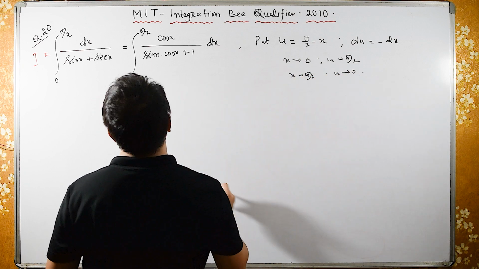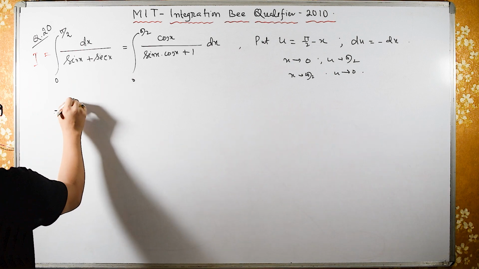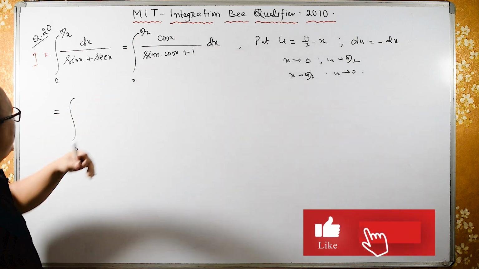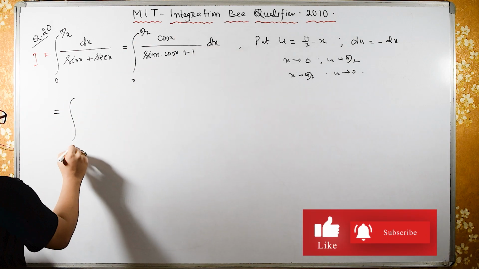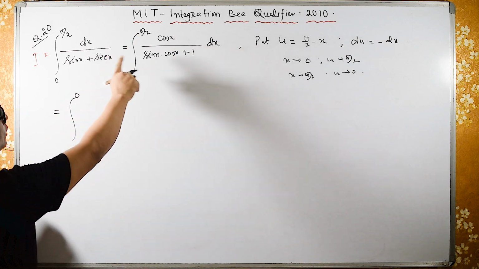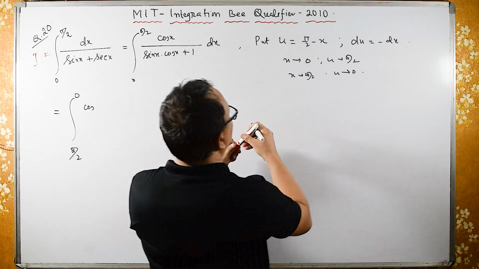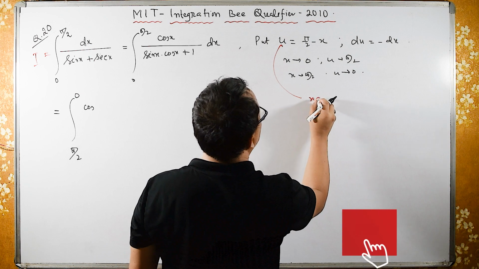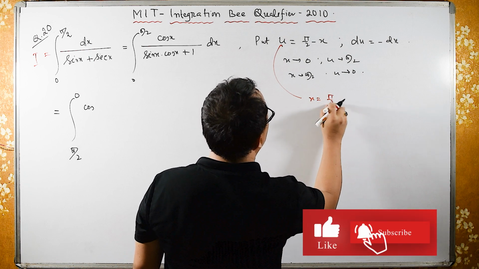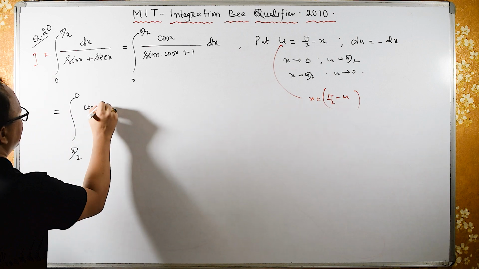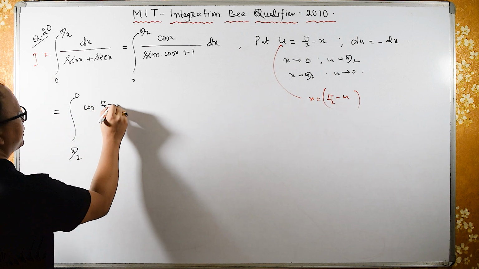So the integral becomes pi by 2 to 0. Instead of x, we can write x equals pi by 2 minus u.